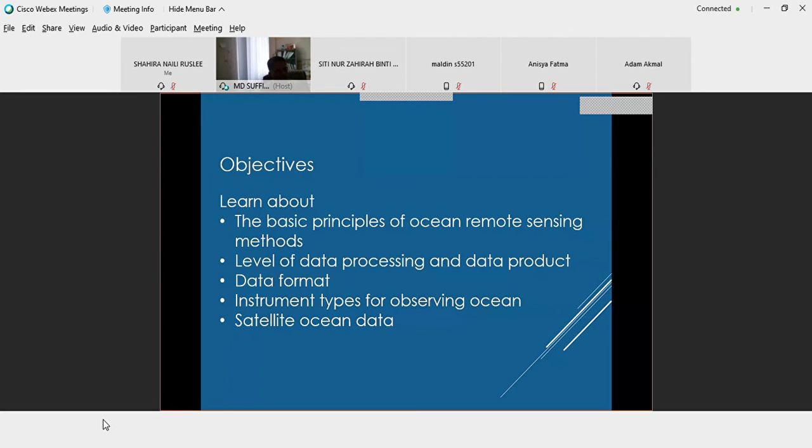Katakan you nak monthly data, you kena pergi ke data level berapa. Katakan you nak climatology data, you kena pergi ke level berapa. So that one is a level of data processing. Okay, so data format NC, okay, ataupun HDF. Dan instrument types for observing ocean, okay, and then satellite ocean data.